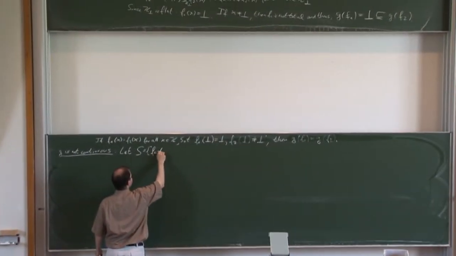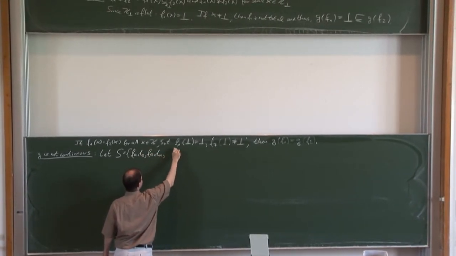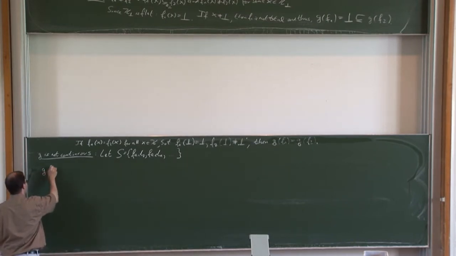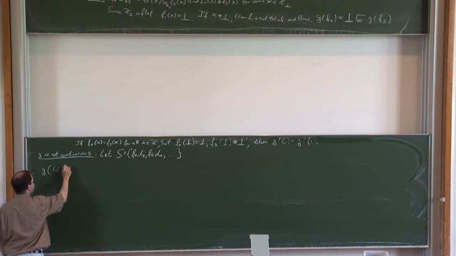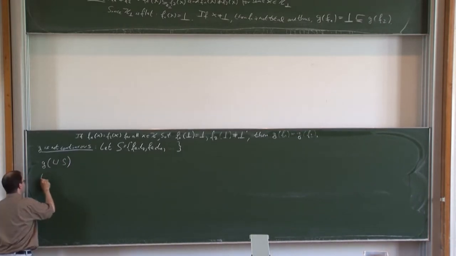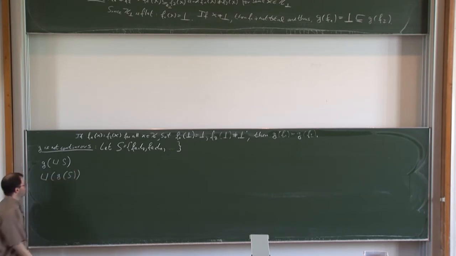So let's take this chain, fact 0, fact 1, and so on. Now, what happens if we first apply the least upper bound and then apply g? And what happens if we first apply g and then take the least upper bound?